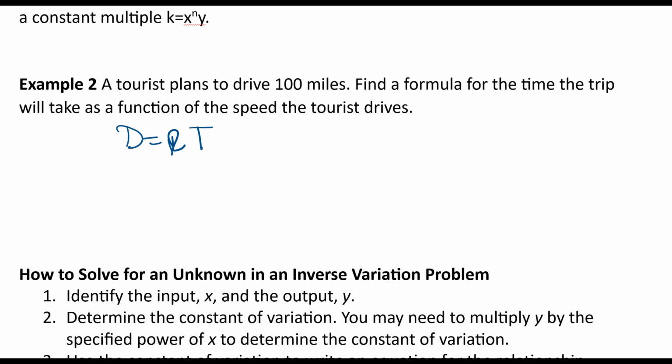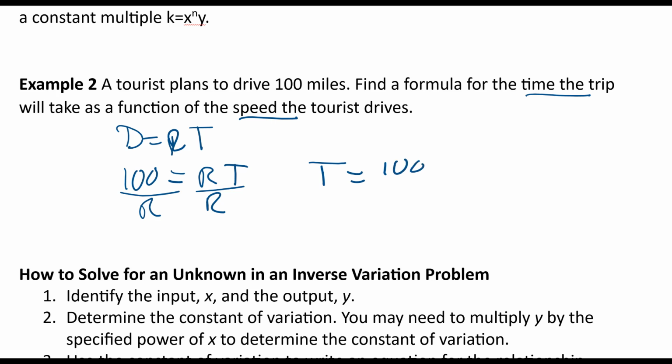Our distance in this case is 100, so 100 is equal to rate times time. We want to solve for time, so we divide by rate. So time equals 100 divided by r. The time it takes is going to be 100 over the rate the person goes.